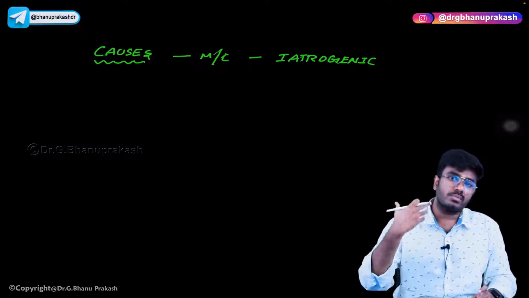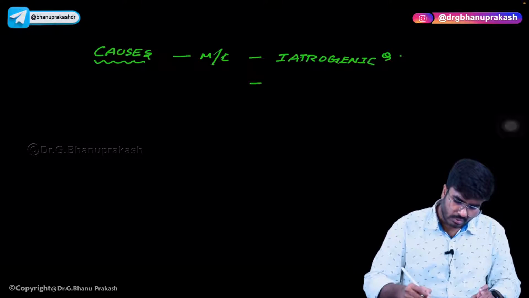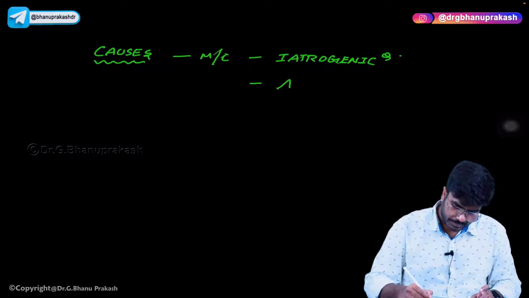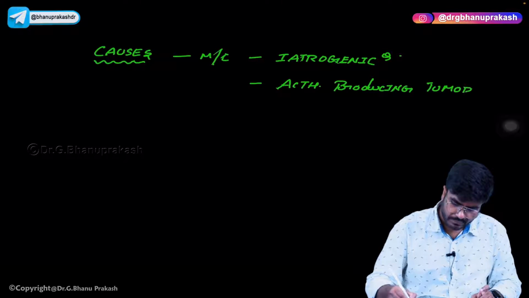Excessive consumption of the glucocorticoids, that is the iatrogenic cause, and other causes include an ACTH producing tumor, ACTH producing tumor in the anterior pituitary. So these are some important causes.